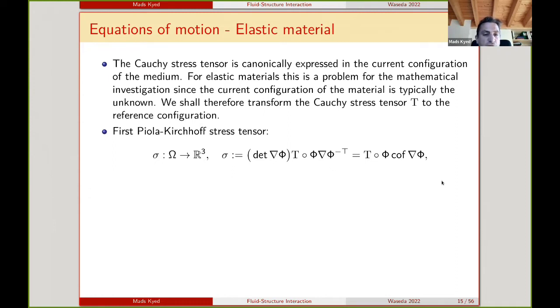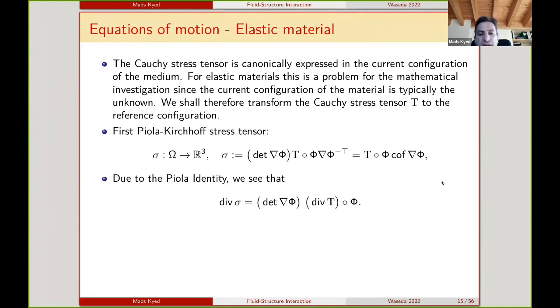Okay, so that's just a different definition. Why do we need this definition? Well, one of the justifications for introducing this Piola stress tensor is that now we have a tensor defined on the reference configuration, and we have a tensor which preserves the divergence structure of the original tensor.